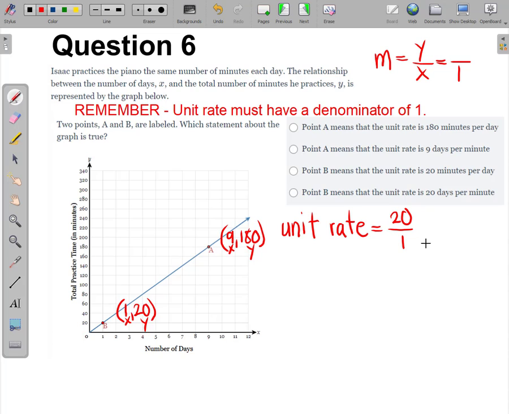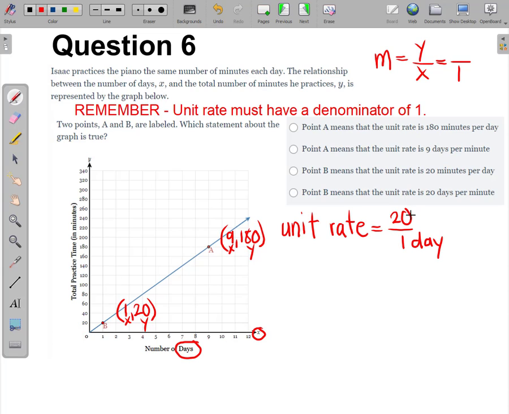Now it's really important we go ahead and write our units. Most people on Thursday and Friday's homework wrote the correct fraction, but it's a unit rate, and a unit rate has to have units. In other words, this 1 represents our x value. So this is 1, notice right here, that's a day, and notice that's an x. So obviously if my 1 is x, I have to go ahead and put day on the bottom.